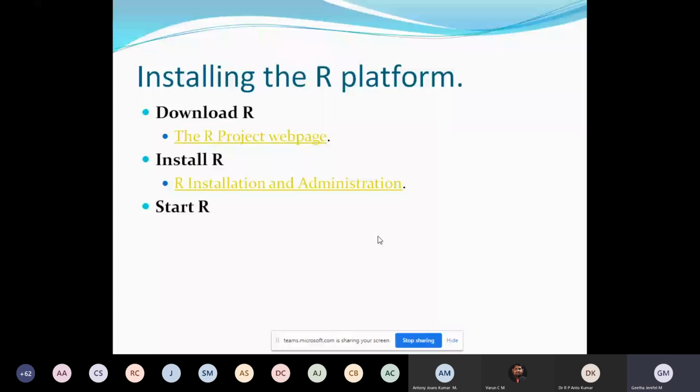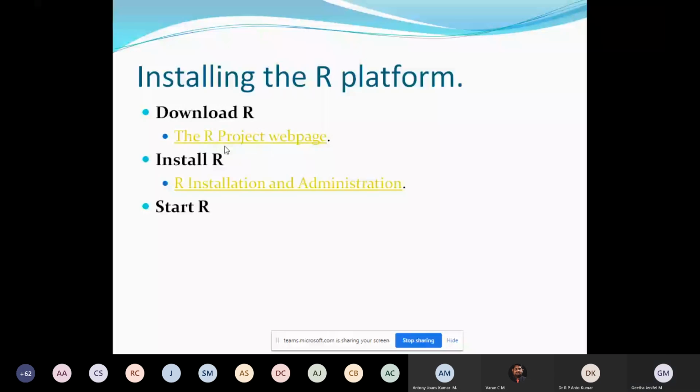The first step is to download and install R to get the useful machine learning packages. To download R, we have to go to the R project web page. After downloading, you have to install R. While installing, there are no special requirements.